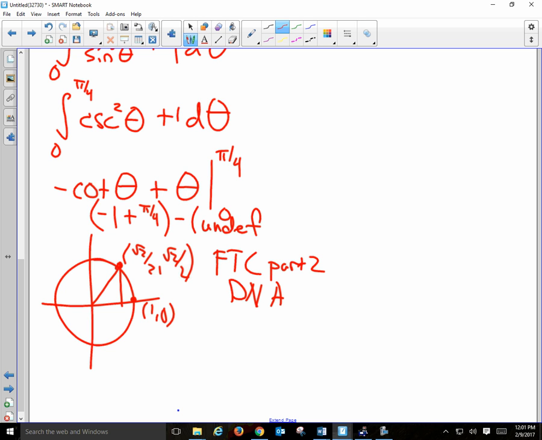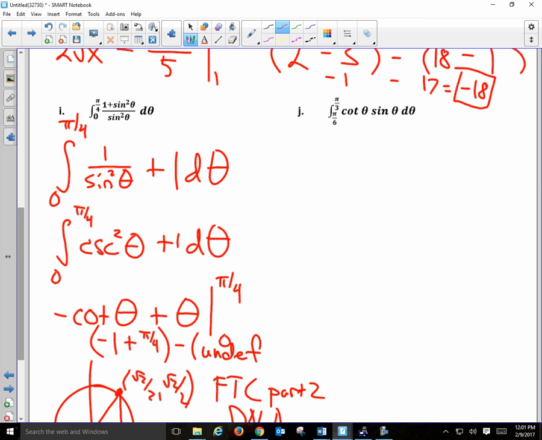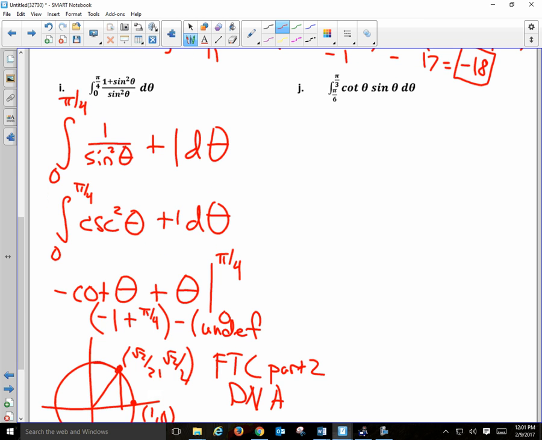If you consider the graph, the function is discontinuous at 0, and so therefore the fundamental theorem does not work. There are tricky ways that we can evaluate improper integrals, but that is not one.